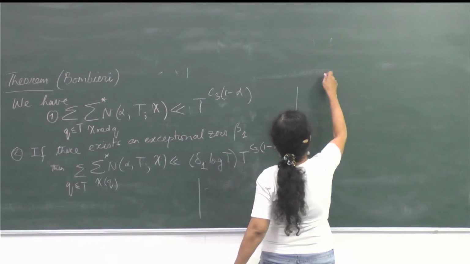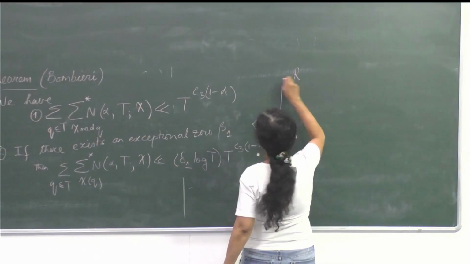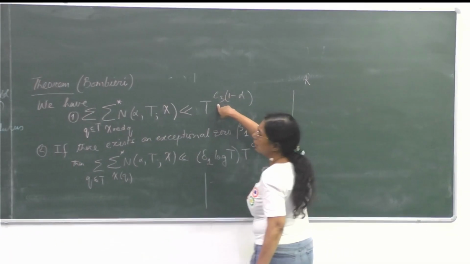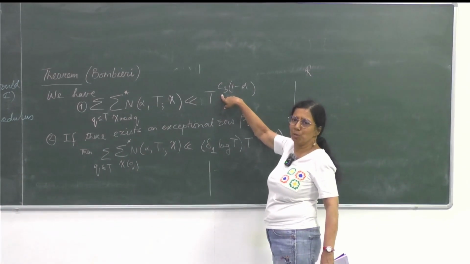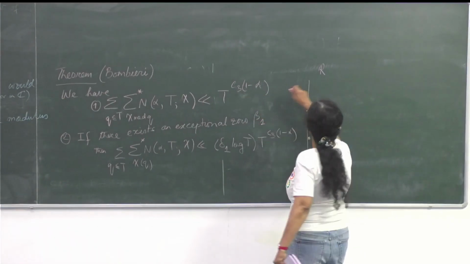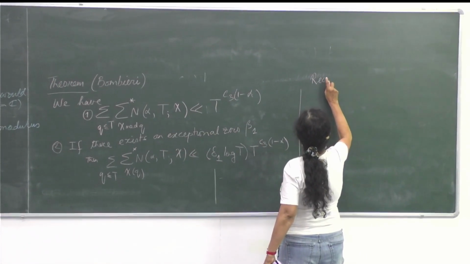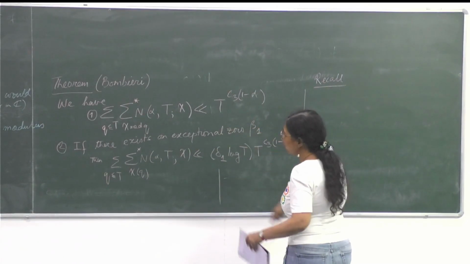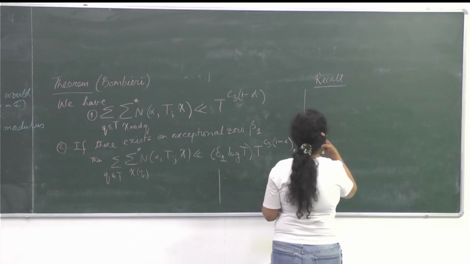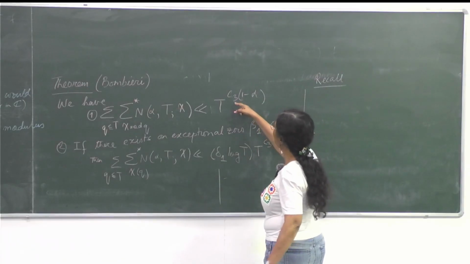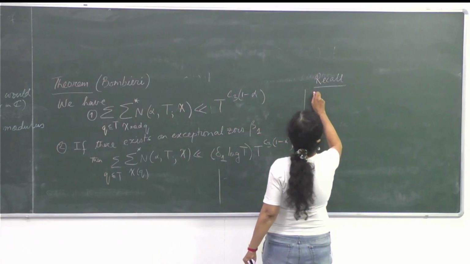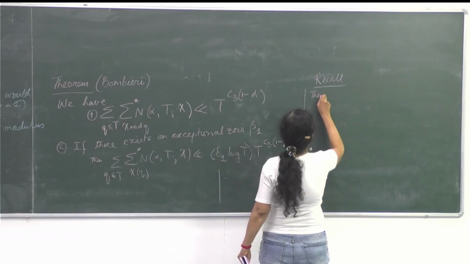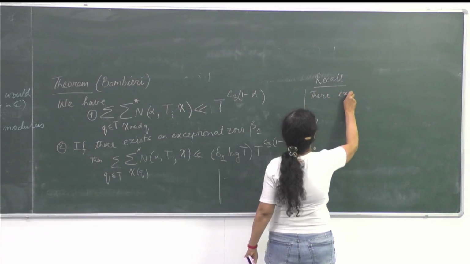I would just like to recall, I've used the C3 here, so you can imagine that there should be a C1 and a C2 before. These are the things that we will use in the proof.